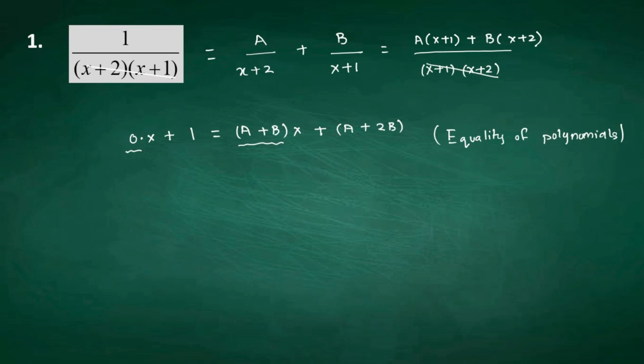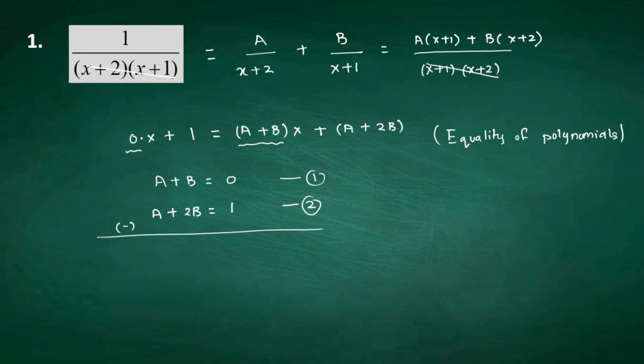So you obtain a plus b equals 0. This can be your first equation, and the second equation will be a plus 2b equals 1. Now if we solve these two equations, let's say we subtract them, what do you obtain?